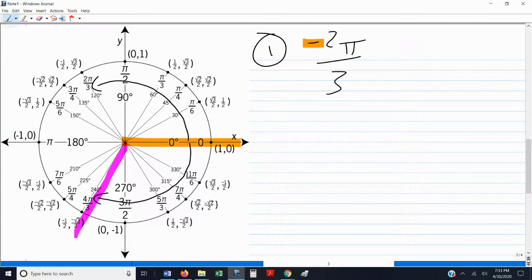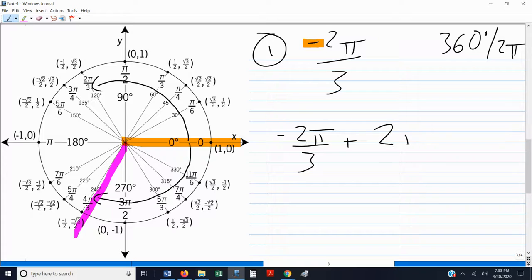If you did not like working with the negative radian measure, we're going to add 360. This time, though, because we're in radians, I'm not going to convert to degrees and work in degrees. We're going to stay in radians. So 360 degrees is the same as 2 pi radians, and so you're going to add 2 pi radians.